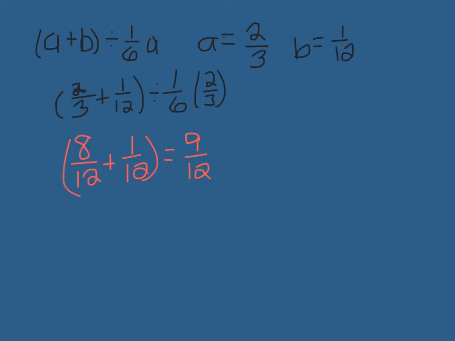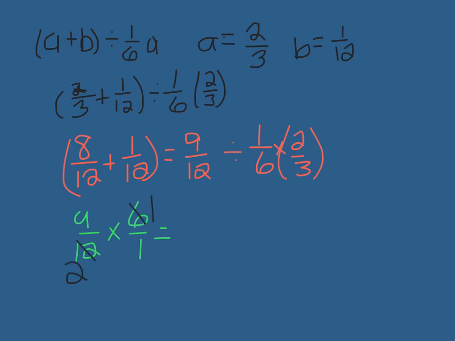So that will be 9/12 divided by 1/6 times 2/3. Okay, this is multiply right here. So I don't need to do that first. It will be 9/12 divided by 1/6 times 2/3, and I just go left to right. So first is 9/12 divided by 1/6, so I need to rewrite that. 9/12 times 6/1, the reciprocal, and that would equal 9/2 times 2/3.